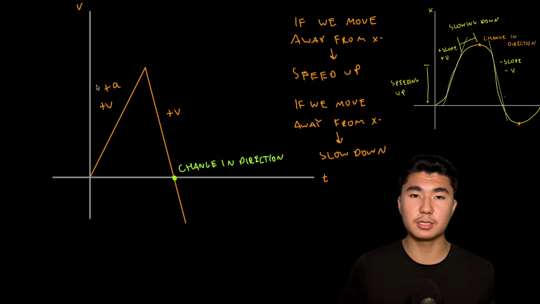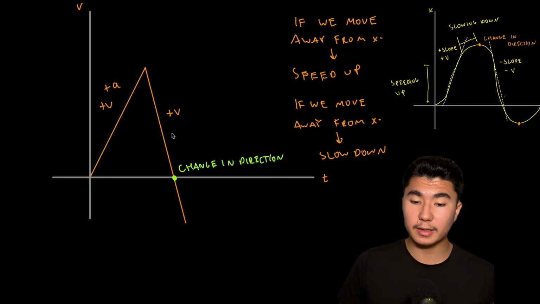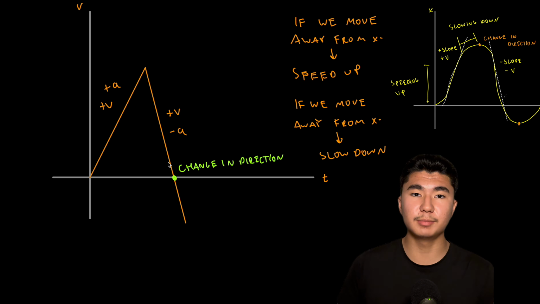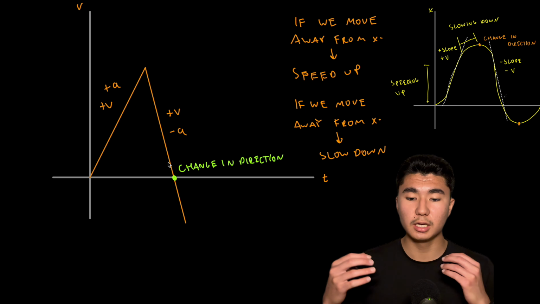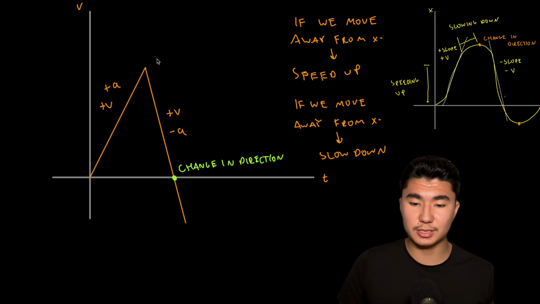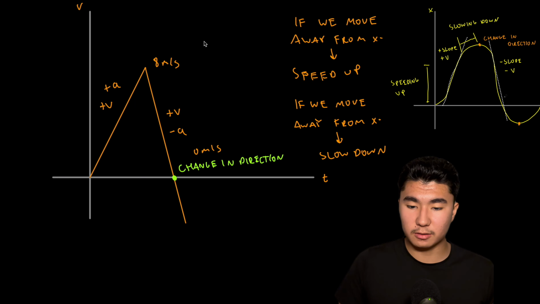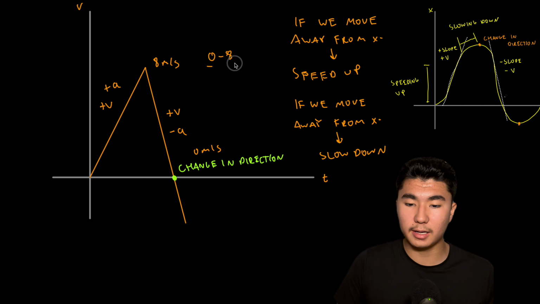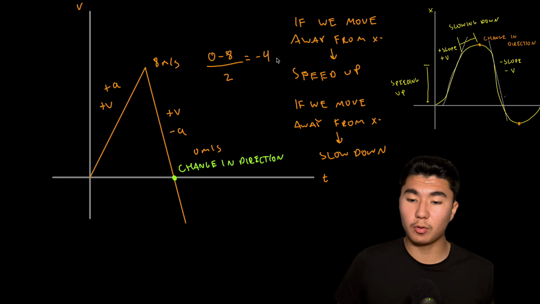When that occurs, our velocity is still going to be positive because it's above the x-axis, because anything over here is our positive velocity, but our acceleration is going to be negative because velocity is changing from a high value over here. Let's say this was 8 meters per second, and now we're going to 0 meters per second. So this is final minus initial, 0 minus 8, and let's just say that occurred in 2 seconds. So we're going to have a negative 4 acceleration, meters per second squared.